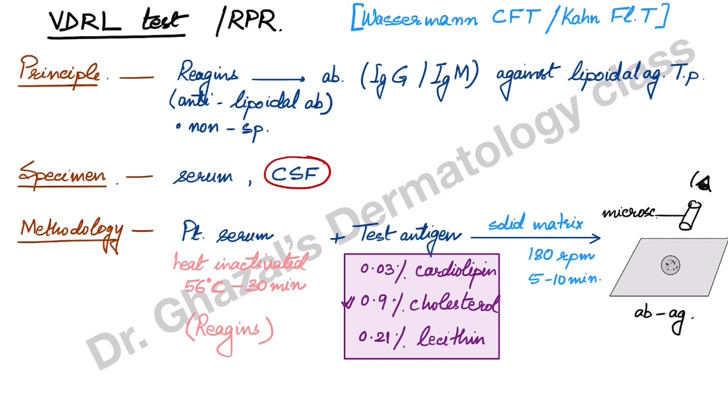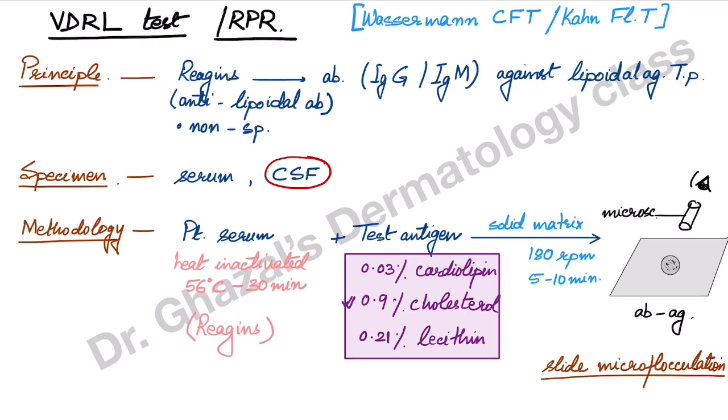There will be an antigen antibody complex which will form microflocculates, and these will be observed under the microscope as flocculation. These are done over a slide, so they are known as slide microflocculation tests.